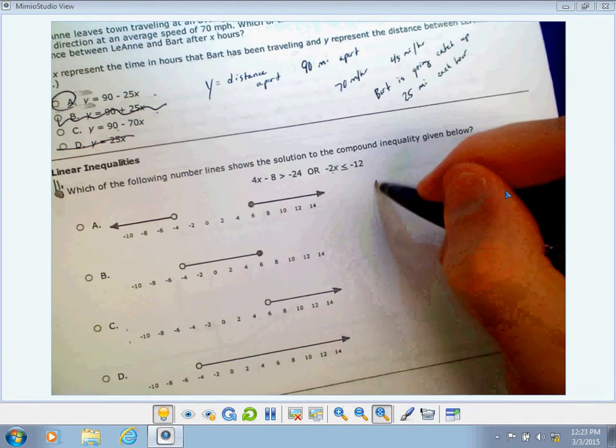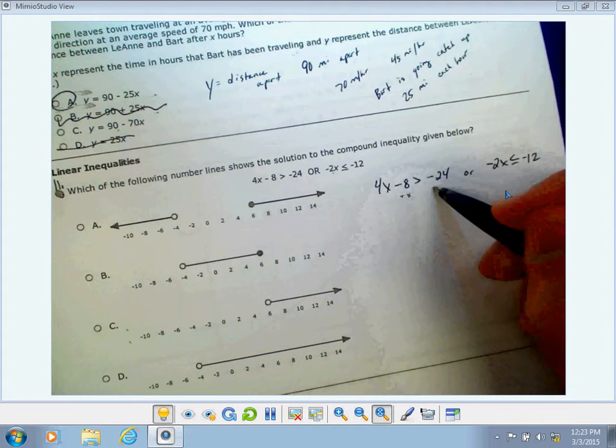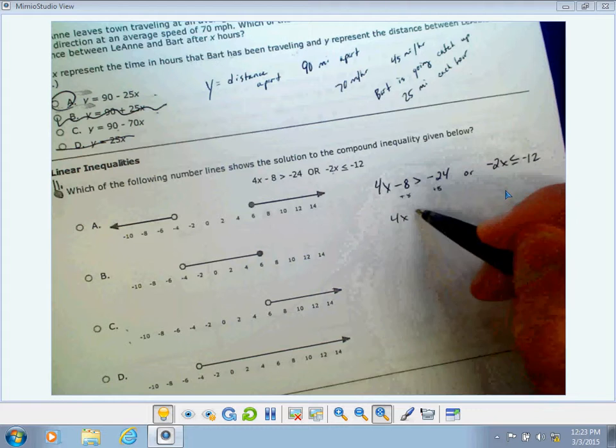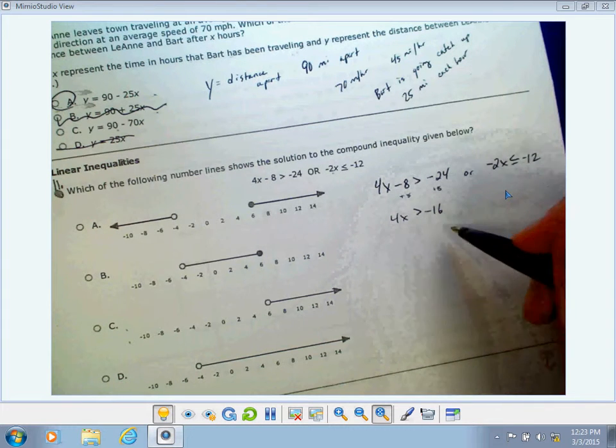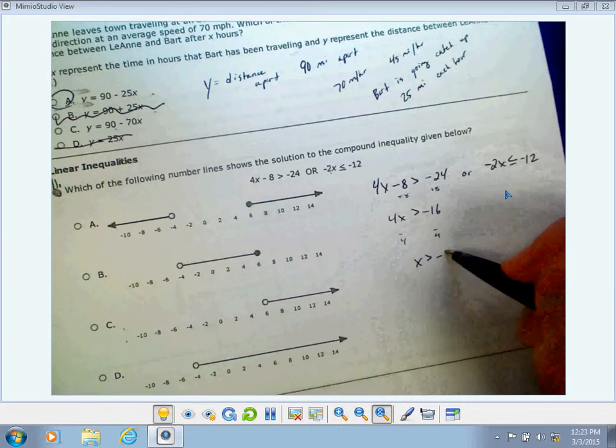We're going to solve these problems as if they were separate problems entirely. This first one, add 8 to both sides. 4x greater than negative 16. Divide by 4. X is greater than negative 4.